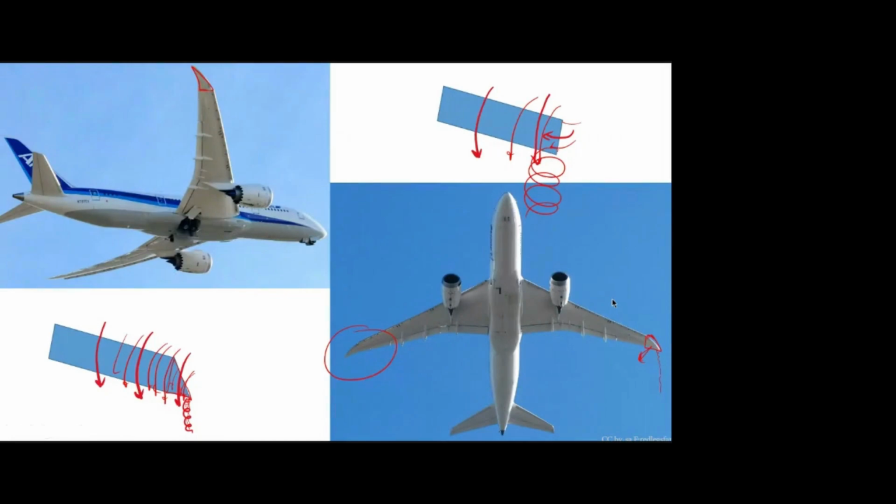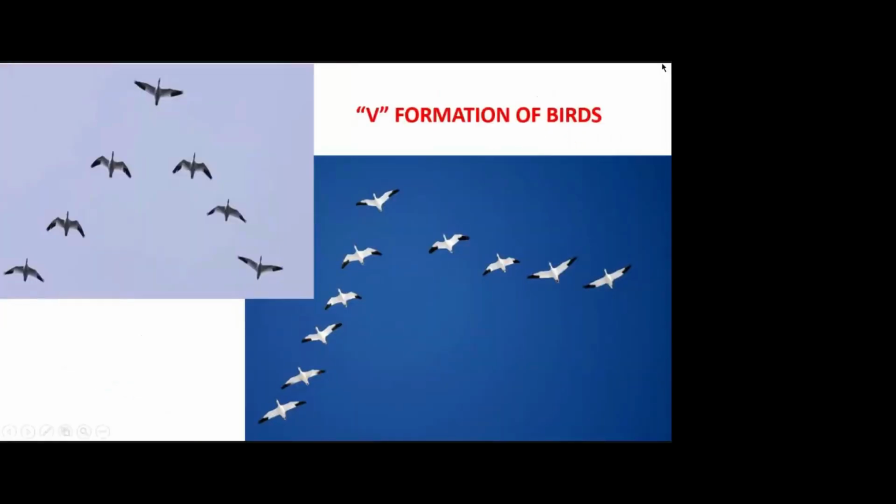Yes, sir. Okay. The next is the V formation of birds, which most of you may know. You know the reason, right? Why are the birds forming a V or inverted V or W or M shape?